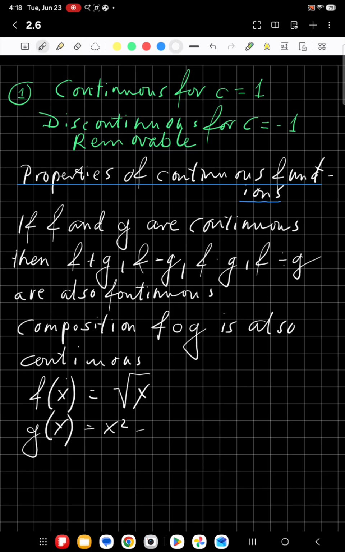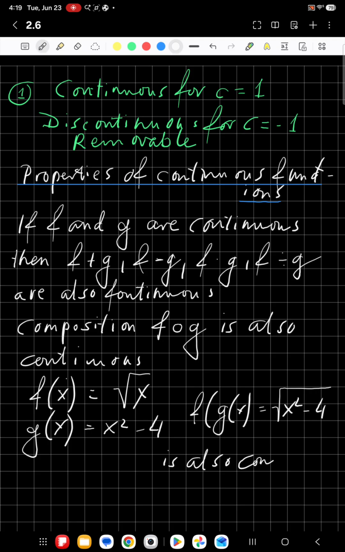And if we put them together, if we do f of g of x, we're going to get square root of x squared minus 4, which is also continuous. I hope you see that. All right.